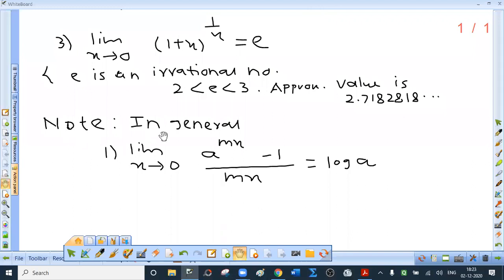Note, in general, first one: limit x tends to 0, a raised to mx minus 1 upon mx equals log a. After this, write down: index tends to 0 and is fully repeated in the denominator.